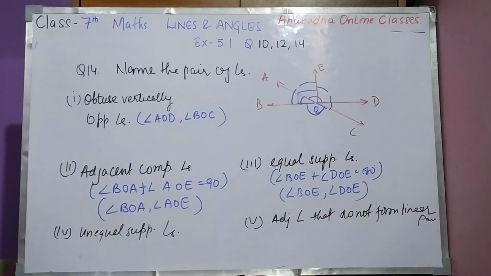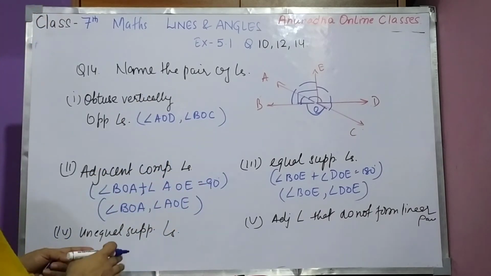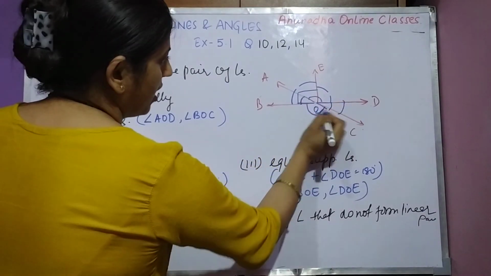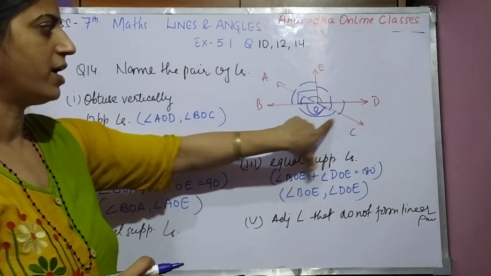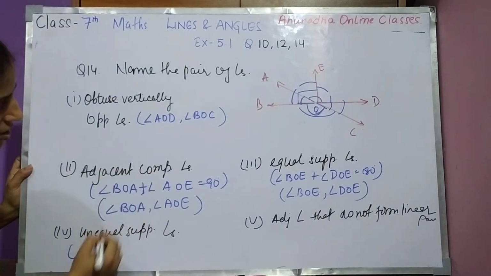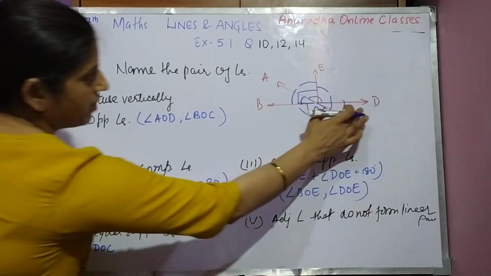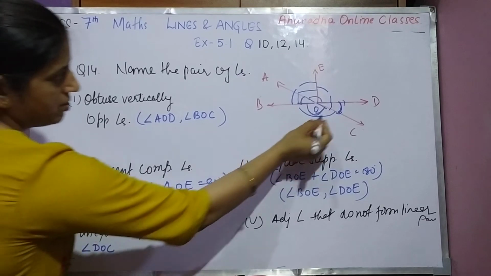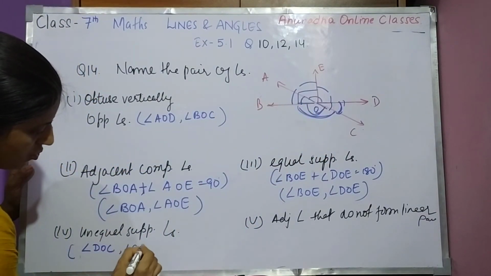Now come to the next question, that is unequal supplementary angles. Angles can be unequal. Okay, for that too we can take this one. This and this are supplementary angles, but these two angles are not equal to each other. So here we can write angle DOC and angle COB.